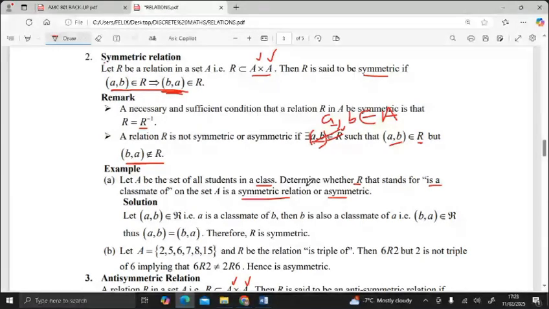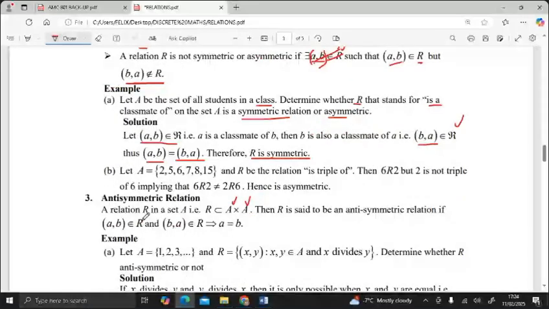If we pick two members of your class and call one A and the other B, then A is a classmate of B. It doesn't matter how we go; the second person is also a classmate of the first one. Therefore that relation is symmetric. If A is a classmate of B, then B is also a classmate of A, and therefore BA is in the same relation. Thus AB is equal to BA.